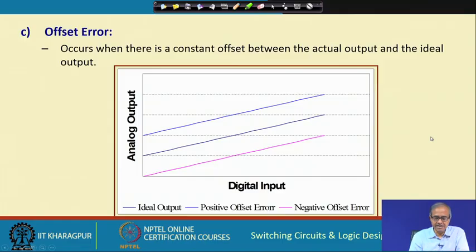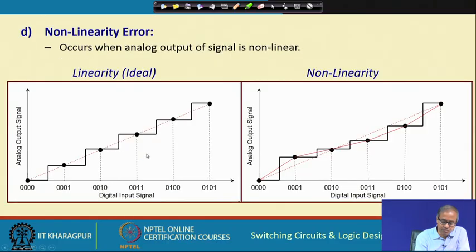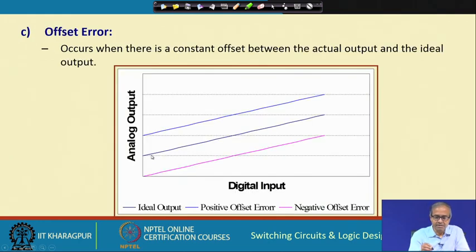The other kind of error is offset error. Here the slope is not changing, but there is a DC shift. Instead of starting from 0 volts, it is starting from 1 volt. So, there will be a DC shift all along the curve, and this separation is the same, that means the curves are still parallel.